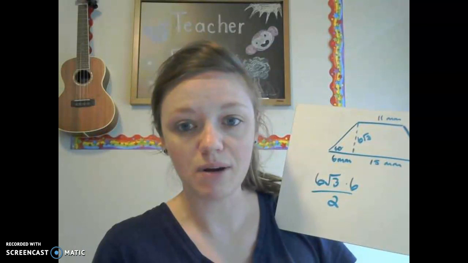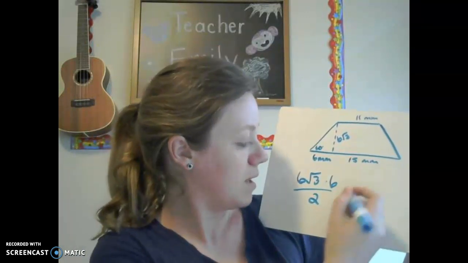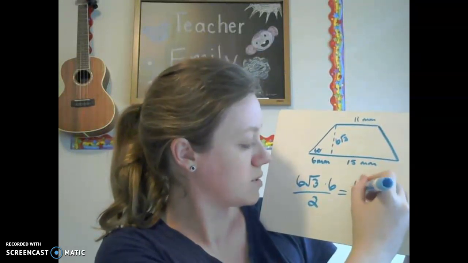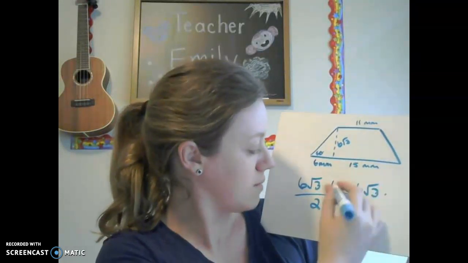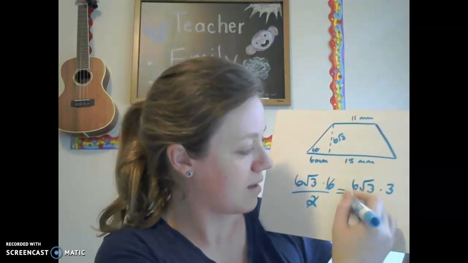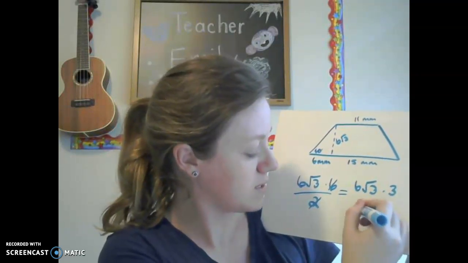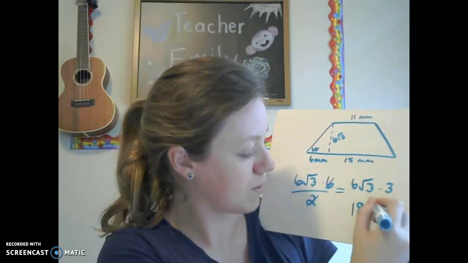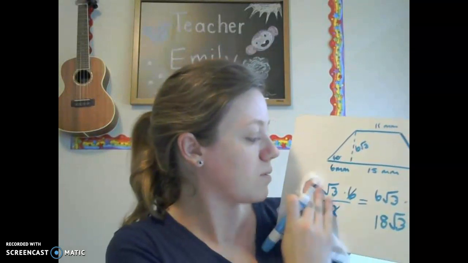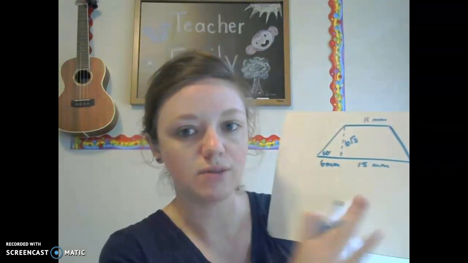You can do this however you would like. I'm going to simplify the 6 and 2 to 3. So then I have 6 times 3 is 18 times the square root of 3. So 18 times the square root of 3 is the area of that triangle right there.